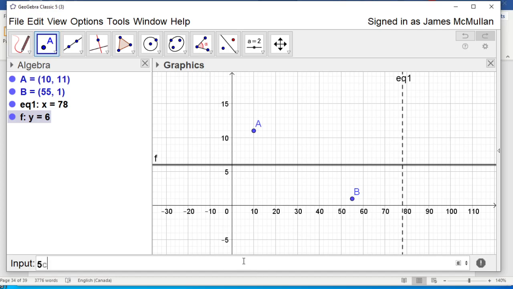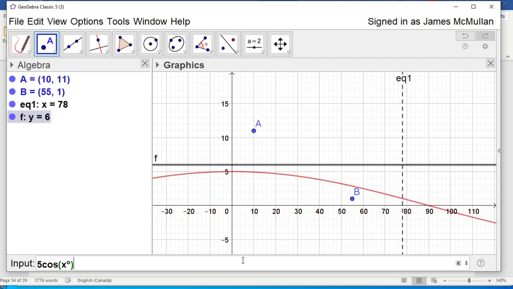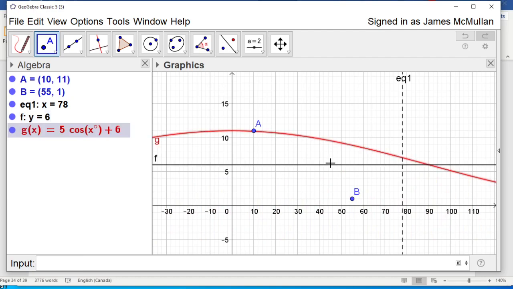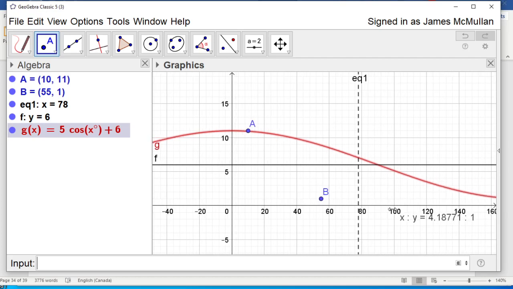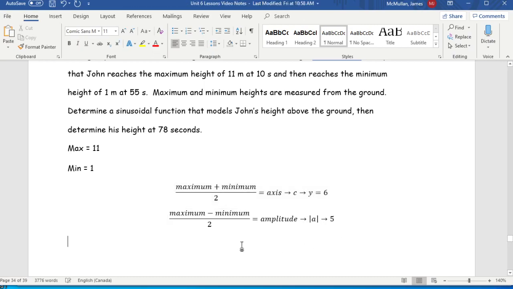So let's say we did 5 cos x degrees plus 6. Now, this is not bad. You can see what I've drawn. It has the correct maxes and mins, but they're not really in the right spot, right? Now they have the wrong period, and they don't really have the right phase shift. So let's see what we can work out here.